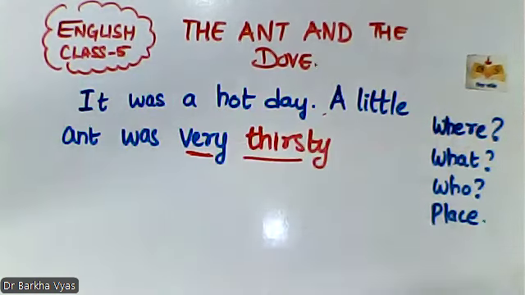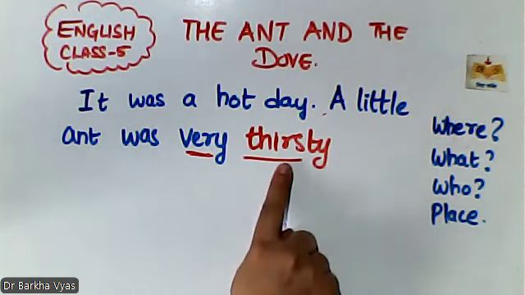It means बहुत. And thirsty? You don't know. Do you know what is thirsty? When you feel like drinking water, what do you say? Ma'am, can I have water, please? I'm very thirsty. जब आपको पानी पीने का मन करता है, आपका मुंह सूख जाता है, उसे कहते हैं thirsty. यानी कि प्यास लगना.